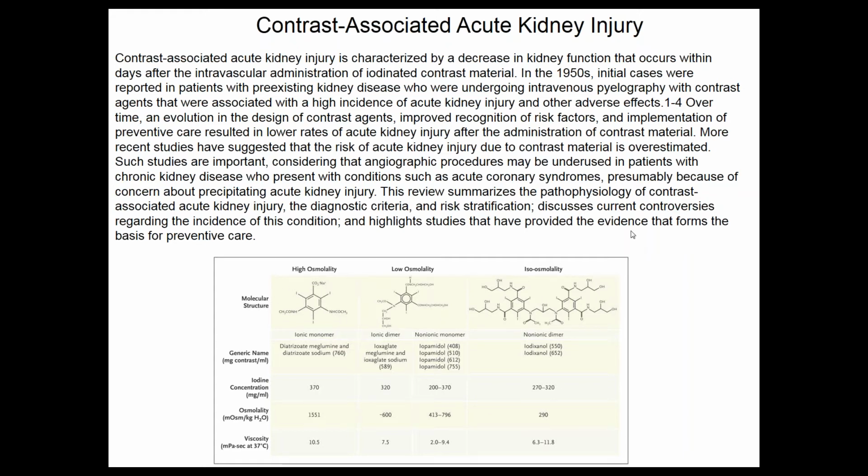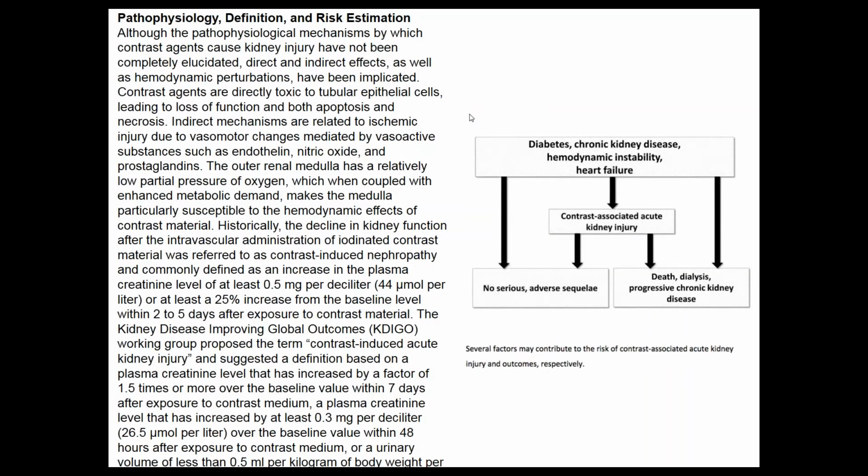Now, this is a controversial topic, and the risk factors in patients that are sick that require angiography, coronary angiograms, having their aortic aneurysms fixed and what have you, seems to increase from year to year.